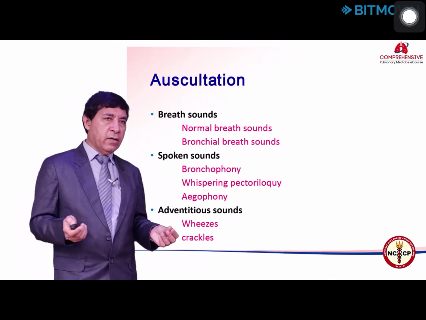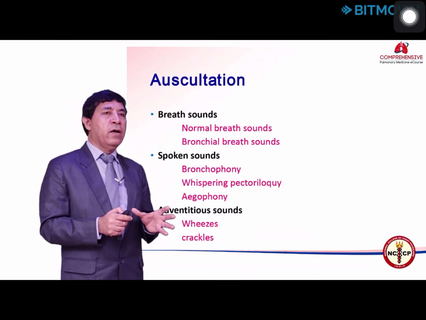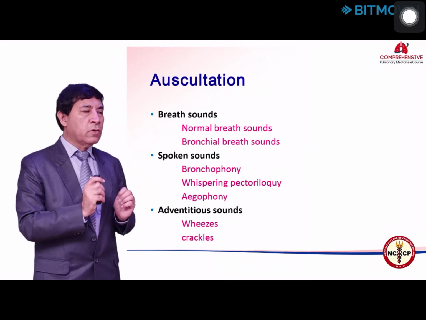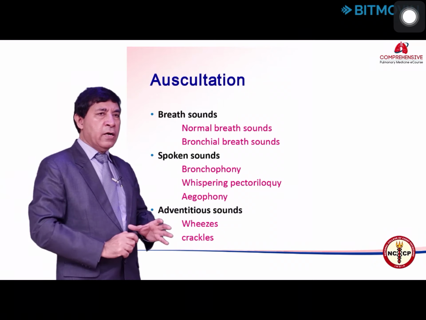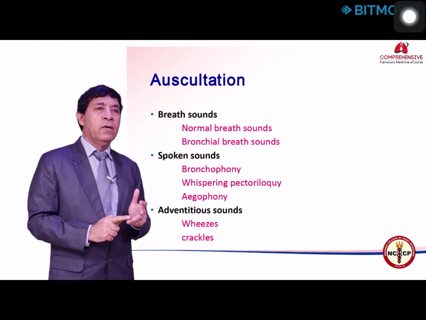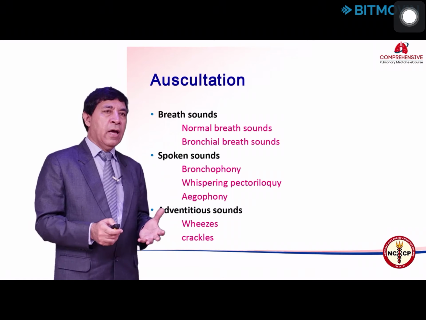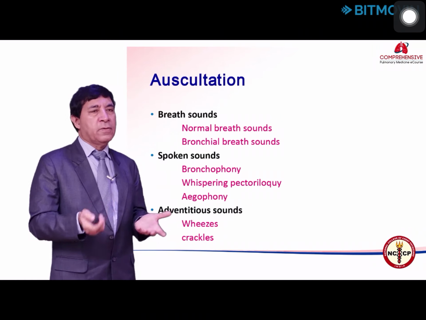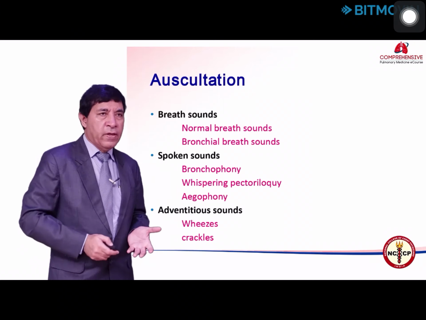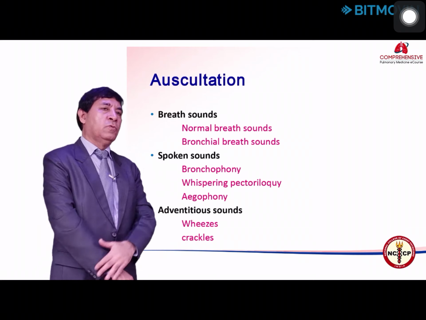But if you can hear WP on the chest wall, that means the lung underneath is allowing high frequency sounds to be transmitted. So if you understand from this, bronchial breathing, bronchophony and whispering pectoriloquy actually have the same acoustic principles. If they are present, all of them should be there, and if they are absent, then all three should be absent.